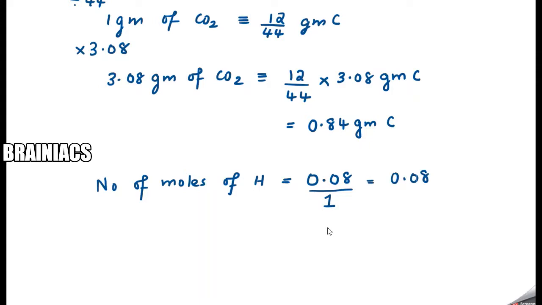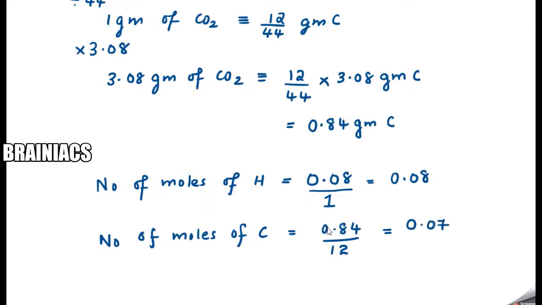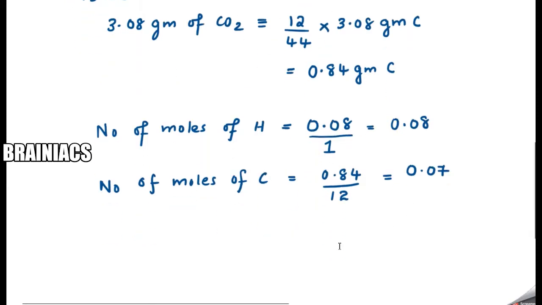Similarly, the number of moles of carbon is equal to weight in gram. We have calculated that 0.84 divided by atomic mass of carbon, that is 12. So if you divide this, you will get it as 0.07. Correct? Now we will try to see the simplest ratio of this one.